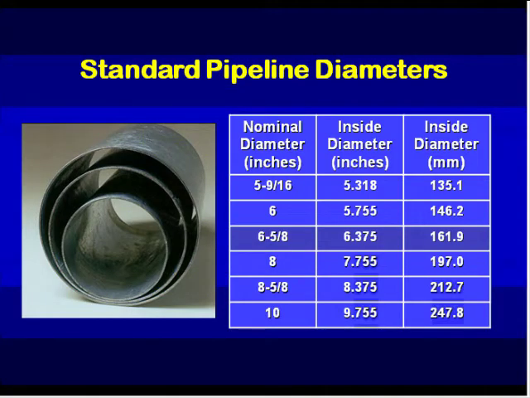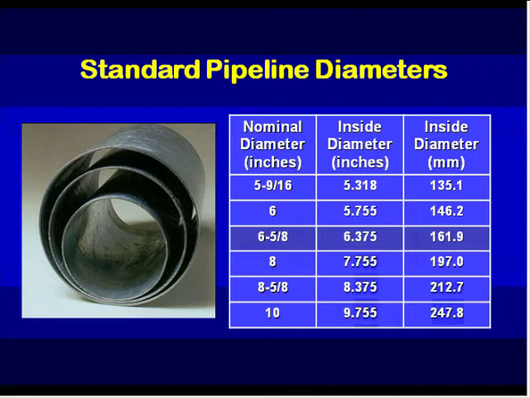If we look at the center pivot industry, this table provides the standard pipeline diameters that are available from the manufacturers. In most cases, the standard is a 6 5/8 inch pipe that's highlighted a little bit here in this particular table, which is an inside diameter of 6.375 inches, and 161.9 millimeters if you're wanting to do these in metric units.